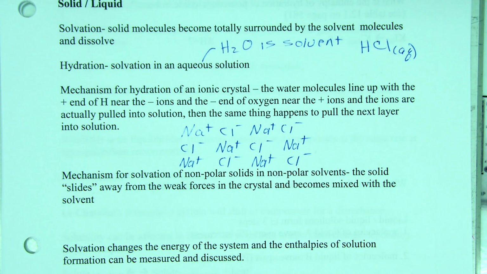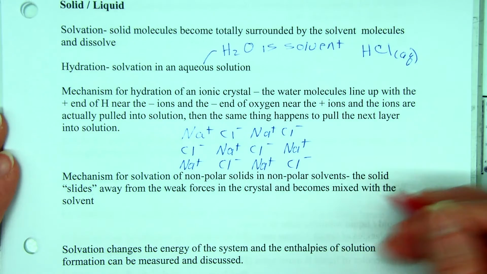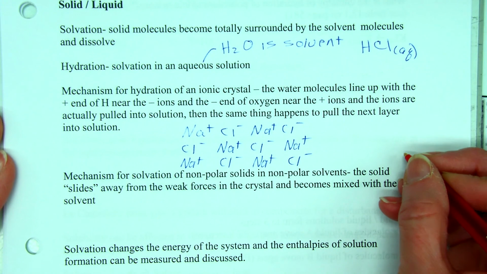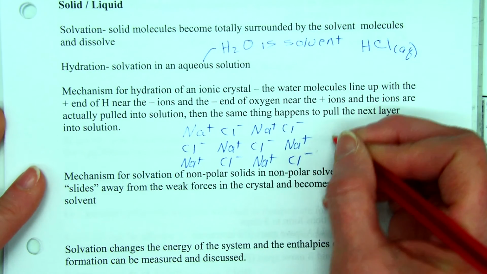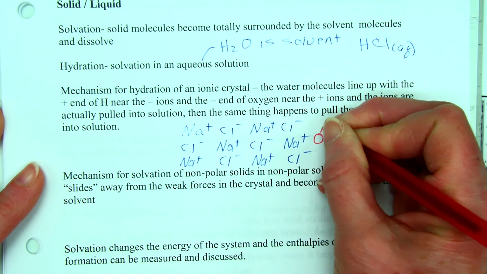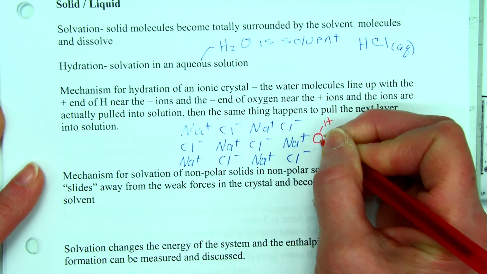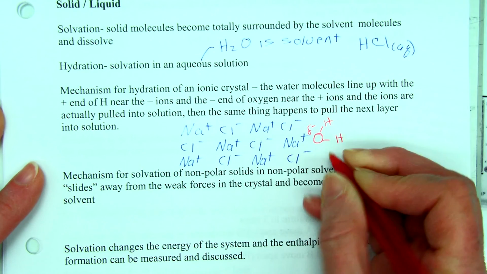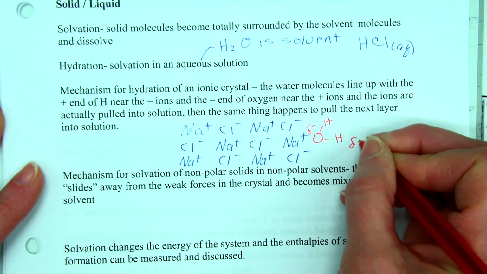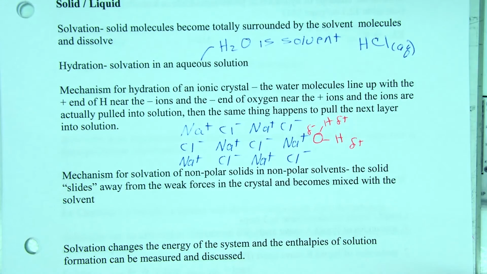Now, when we dump this in water and we want it to start dissolving, the water molecules come in there, and you remember water is polar. It's got a 105.5 degree bond angle, so it comes in here like this. Now, the water is charge separated. You have a partial negative charge on the oxygen and a partial positive charge on the hydrogen.